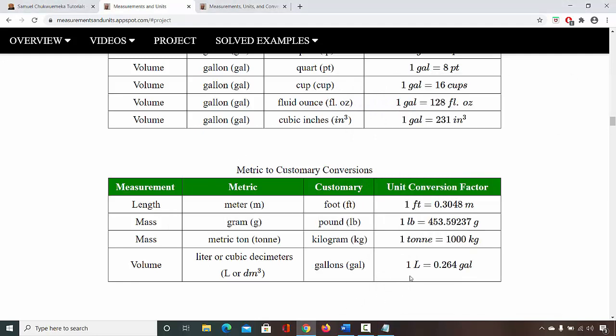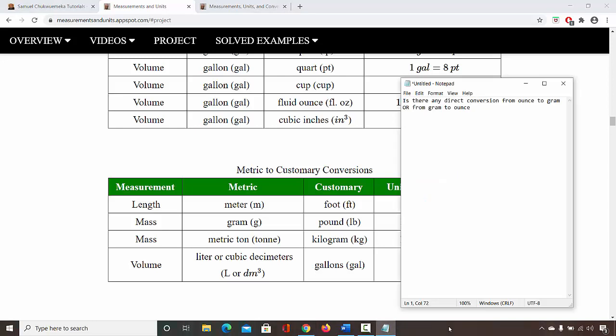Like I said, you want them to use only this table. You don't want them to go online and type in gram to ounce. It defeats the purpose. The purpose is for them to learn how to use that method, the unit fraction method or the proportional reasoning method.